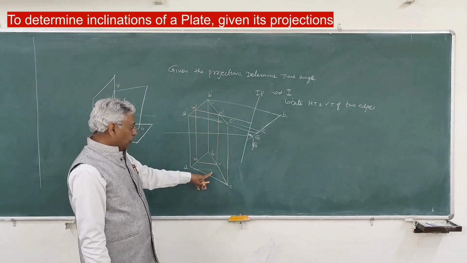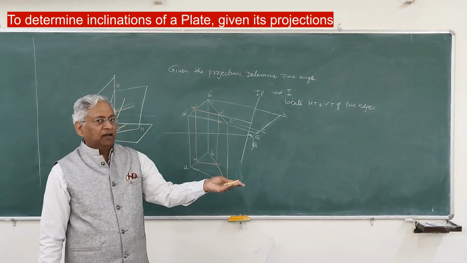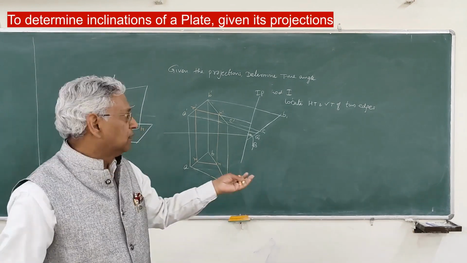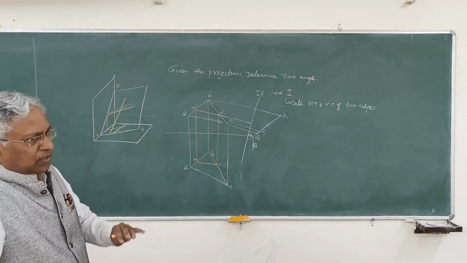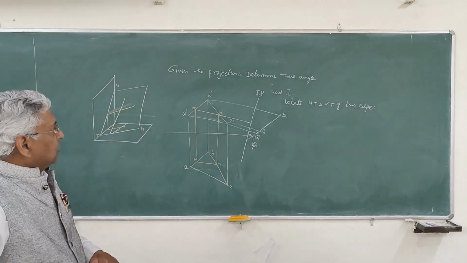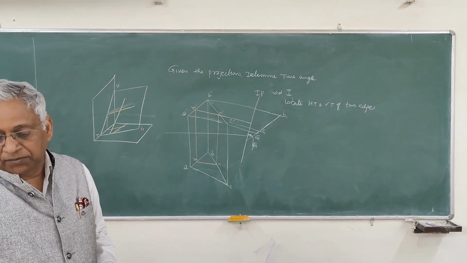And similarly, if you obtain the edge view on the other auxiliary plane, then you can get the other angle. So that is the third method of finding alpha and beta when projections are given. You can use any one of these three methods to determine the angles made by the plate.